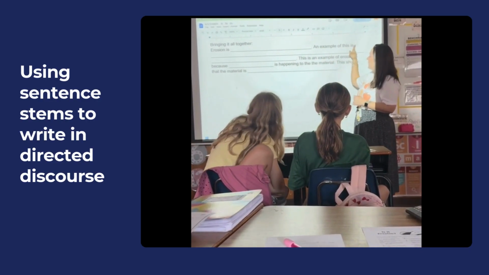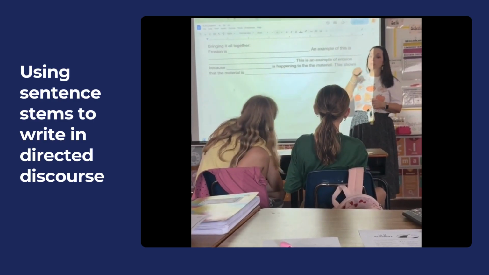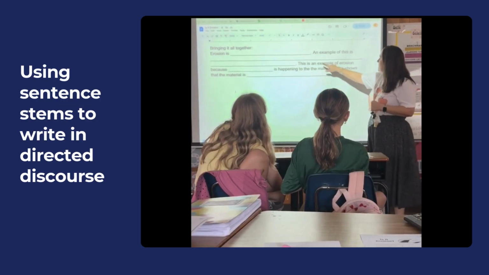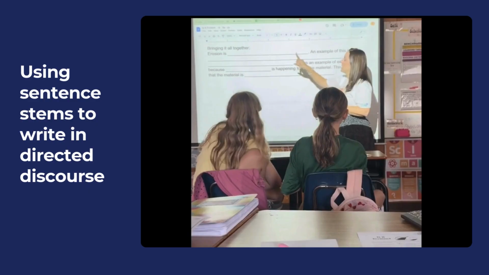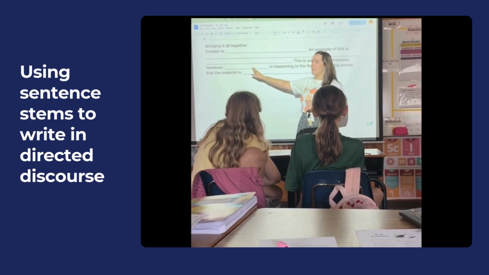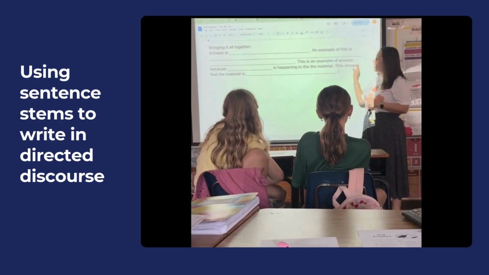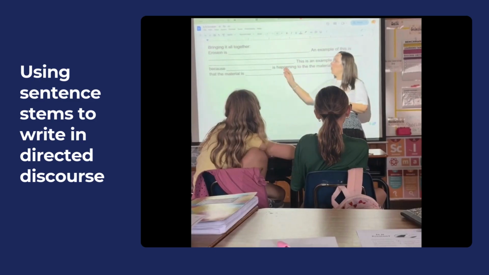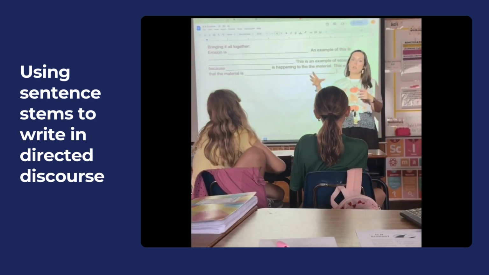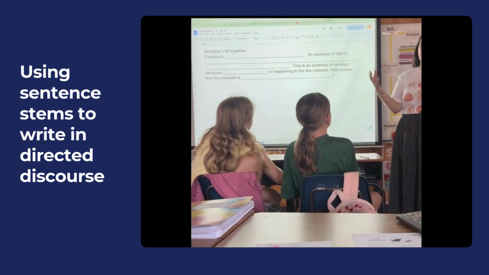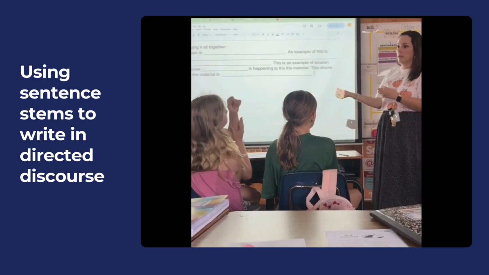An example of this is, and pull one of the examples from your list. This is an example of erosion because, and tell me what is happening to the material. And this shows that the material is, what are we looking for? What are our key clue words that tell us something is erosion?